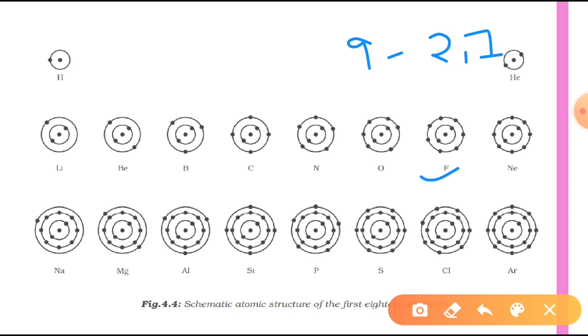Fluorine can easily accept 1 electron and make 8. It means it can complete its octet. But hydrogen has only the K shell. Hydrogen will not fill 8 electrons because the K shell does not have that capacity. So hydrogen just wants 1 electron in order to complete a doublet. So students, doublet and octet must be clear to you.